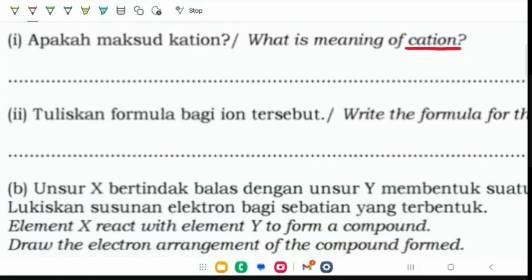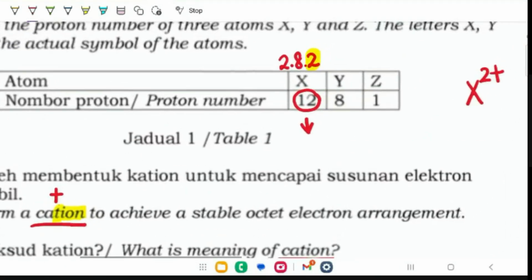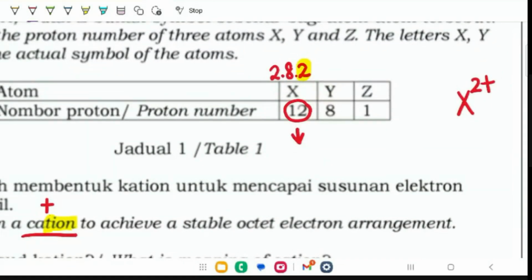Okay, X reacts with Y. Let's see Y. Y has 8 electrons. So what is the electron arrangement? It is 2 6. So what is the charge?